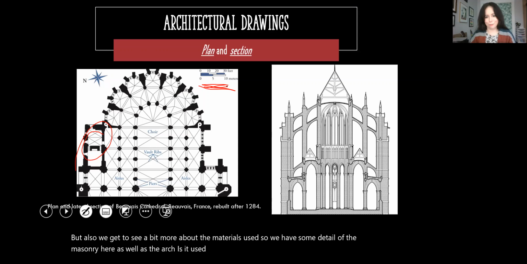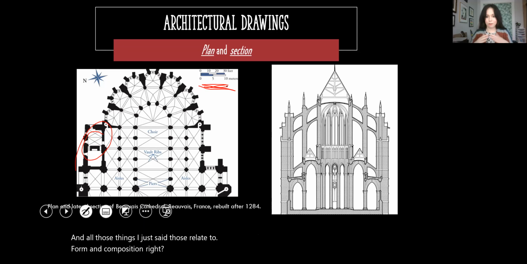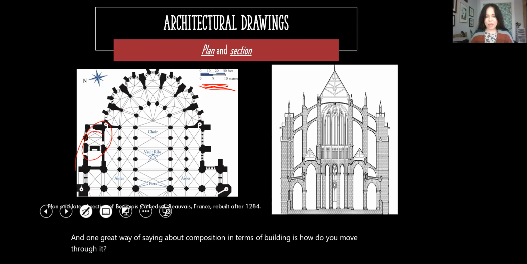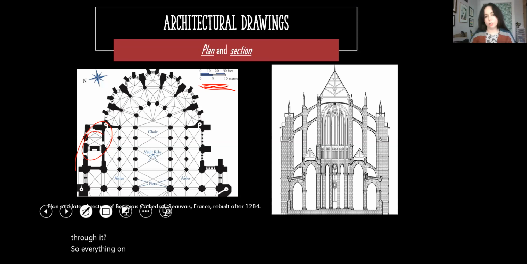And all of those things I just said, those relate to form and composition, right? The form here is a pointed arch. Composition is horizontal, vertical, depending on the plan or section that you're looking at. And one great way of thinking about composition in terms of a building is, how do you move through it? So everything on your formal analysis worksheets can be applied to a building.